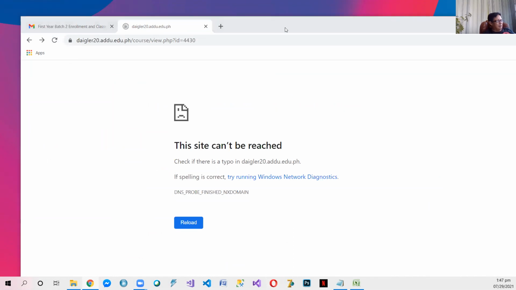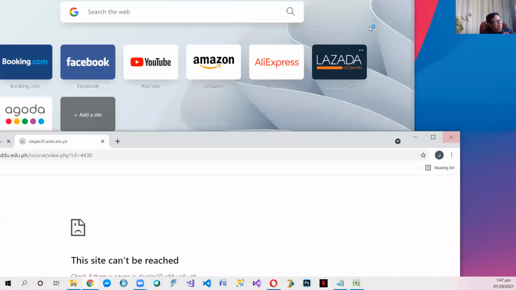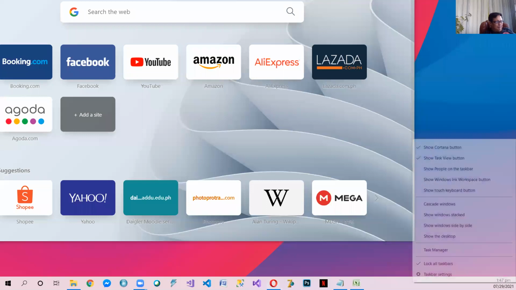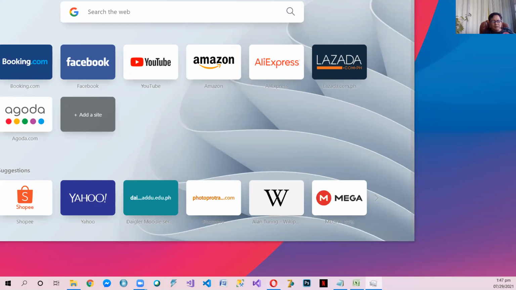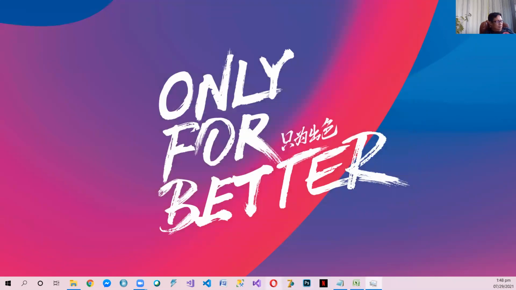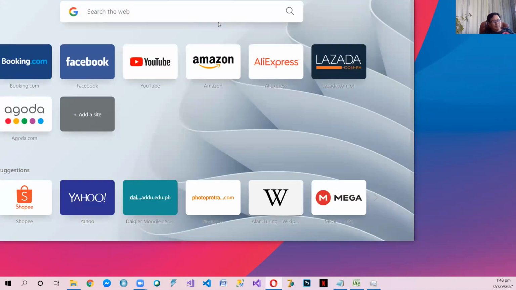I don't know why it's like this. Why is it like this?